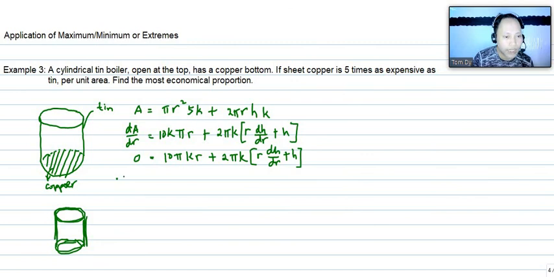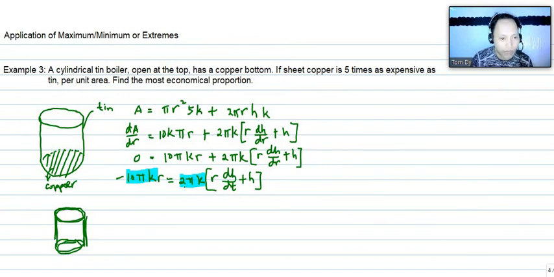That becomes negative 10 pi k times r, which is equivalent to 2 pi k times r dh over dr plus h. So we will just copy this one. If you have noticed, we can cancel 2 pi k. What remains here is negative 10 divided by 2, that is negative 5r.